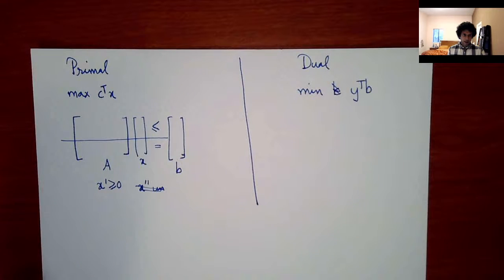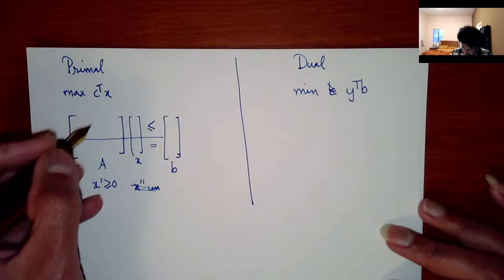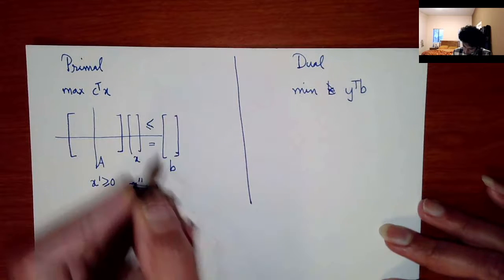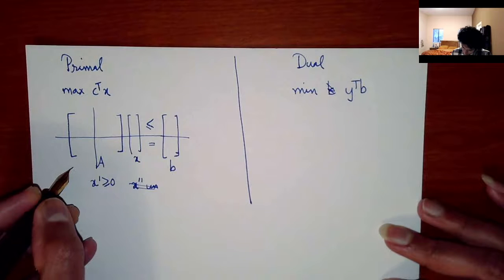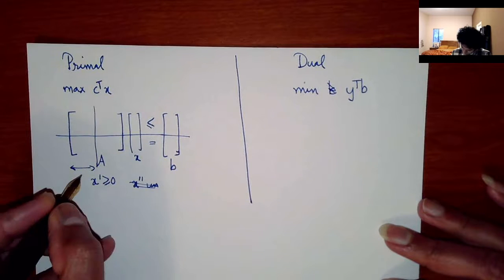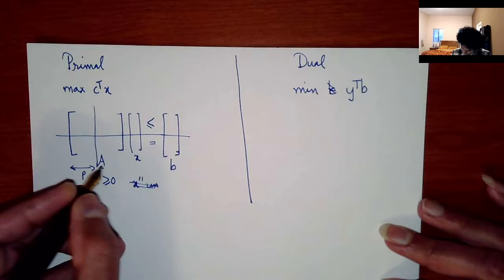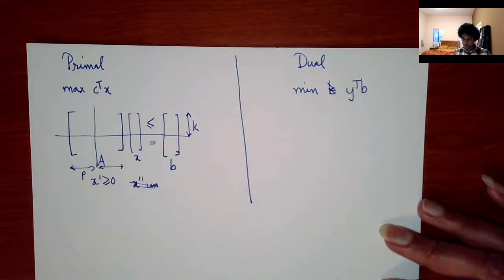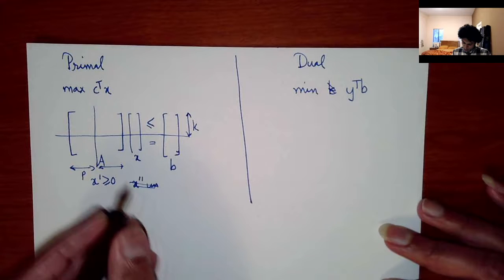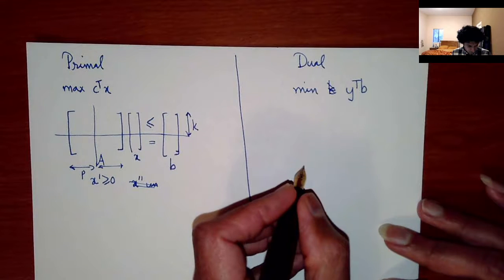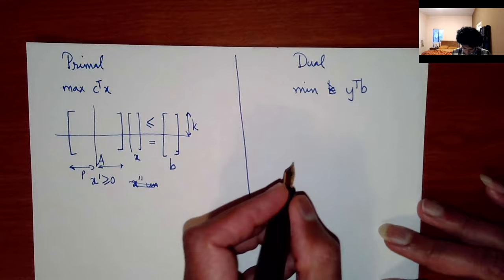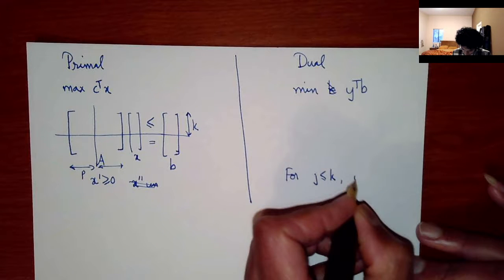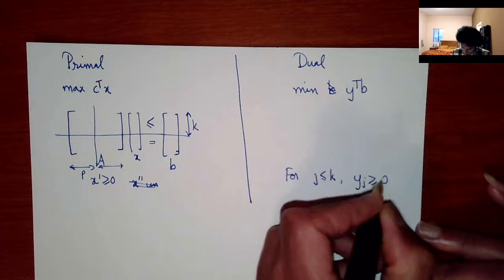And the constraints are, the way to think of it is, so firstly I'll write down, remember that this I called P, and this is what remains, and this I called K. So we have for j less than K, yj is greater than 0.